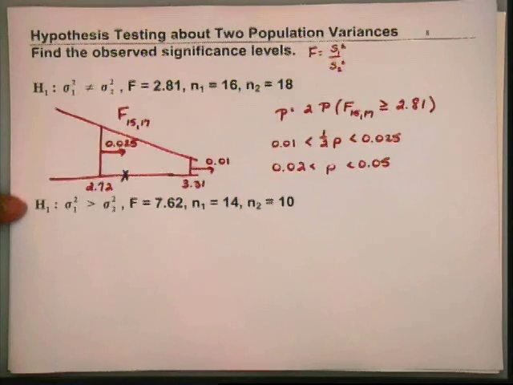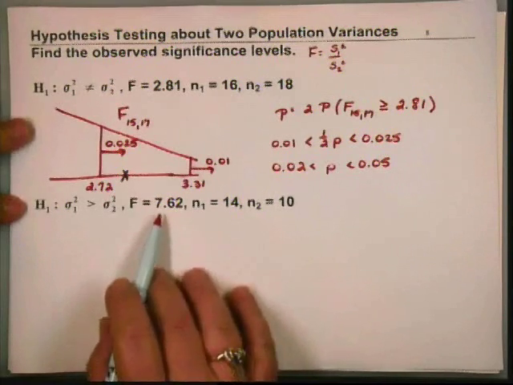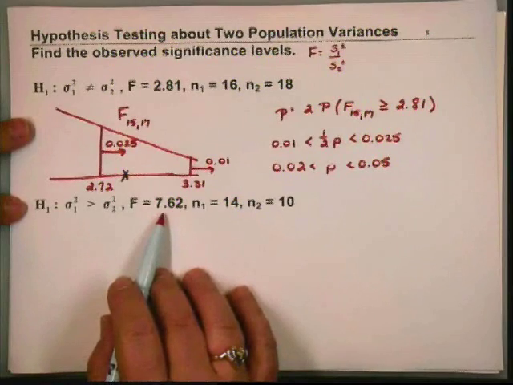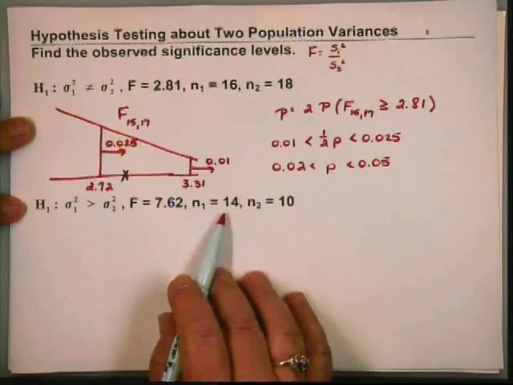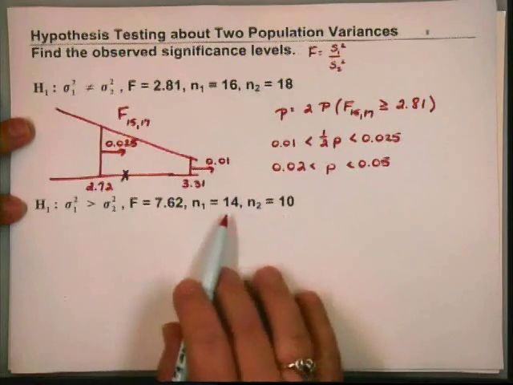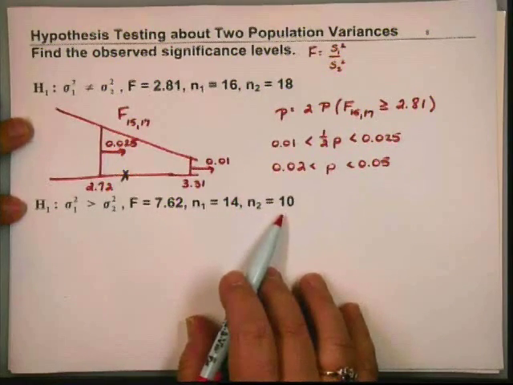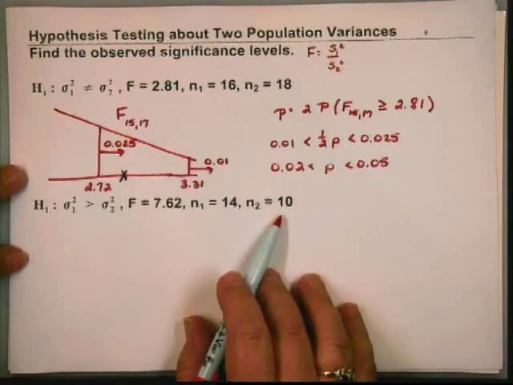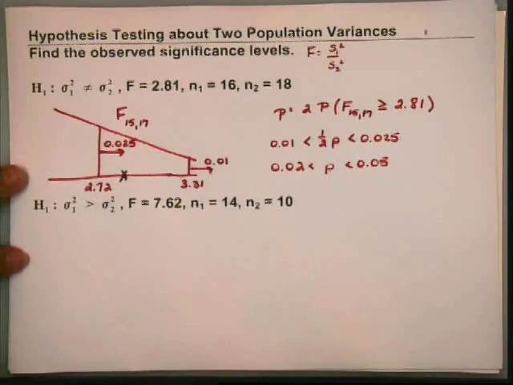For our right-hand test, F is calculated at 7.62. We have sample size 14 and sample size 10. So for this application of comparing two variances, our degrees of freedom are 13 and 9.